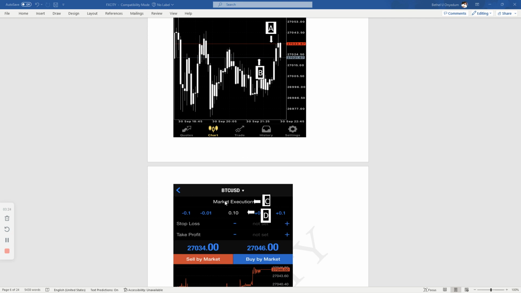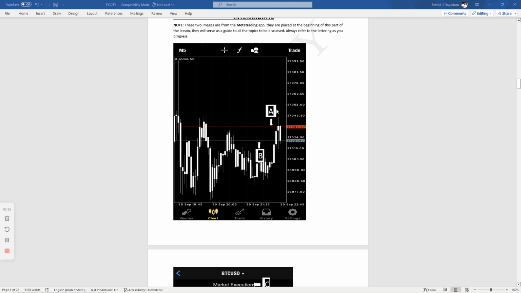C equals the market execution. That's market execution. This is the other type, and this is the lot size. So this is an MT4 platform. I just took a screenshot from my phone for this.